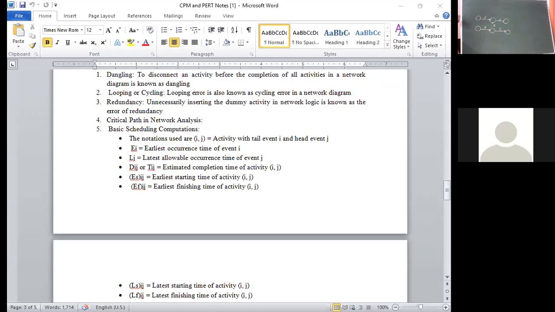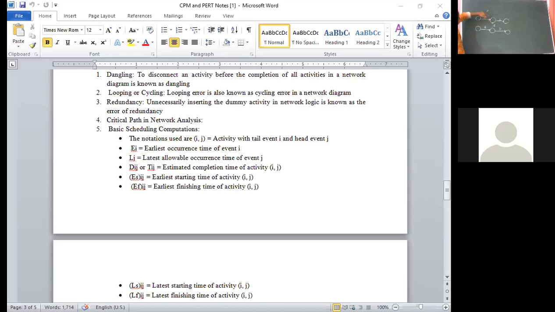Okay. Here, listen carefully. This is called a dummy activity. A dummy activity is always denoted by a dotted line. That means it is not consuming any time. Here, the meaning is A and B must be completed before C starts.